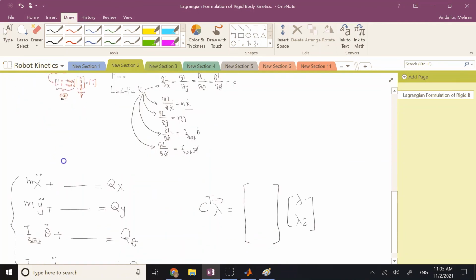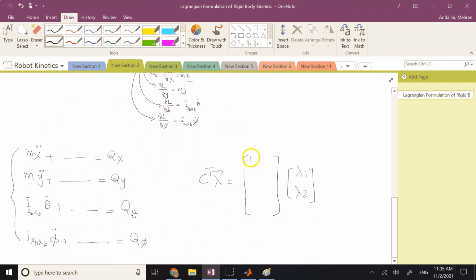right? And you will have 1, 0, negative r sine phi, and 0, 1, negative r times cosine of phi, and then 0 again.